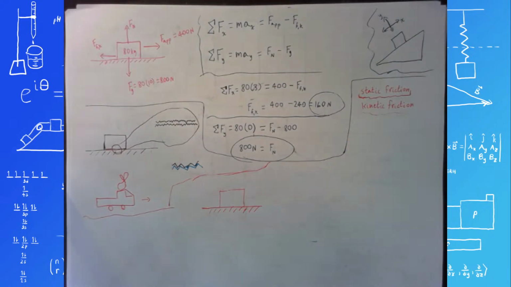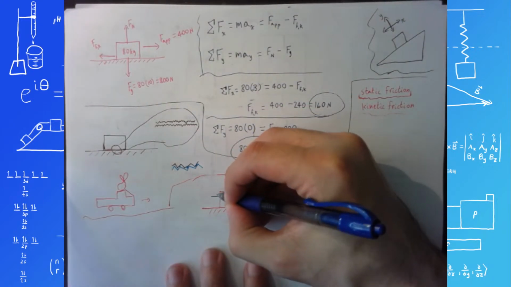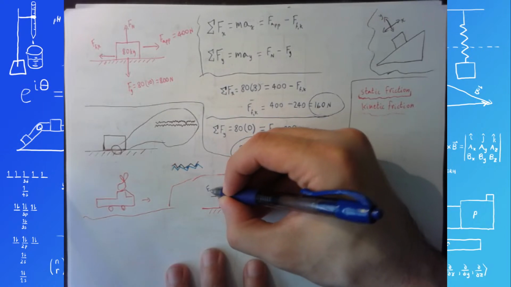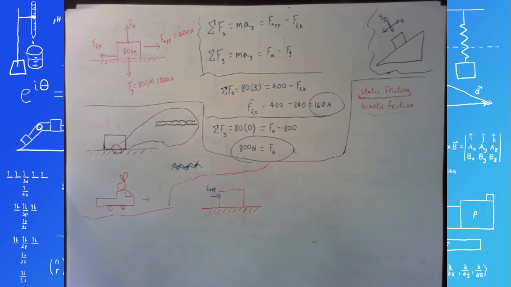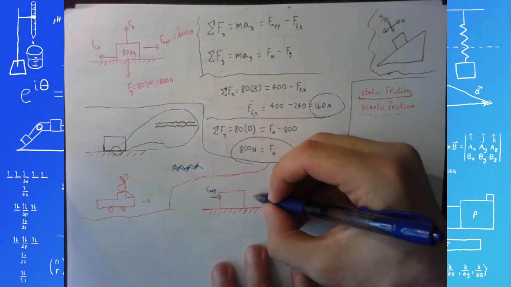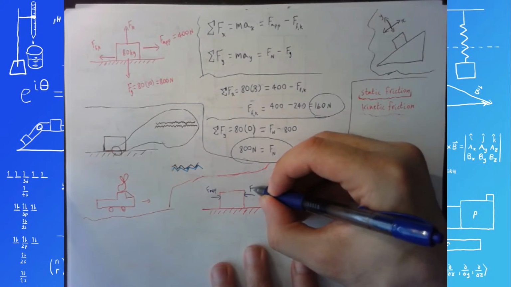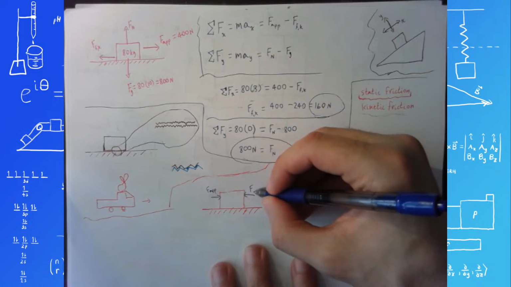So suppose I apply some sort of force on this object and I try to get it to move. You've had experience pushing furniture. What happens if you don't push strongly enough? If you don't push strongly enough, then no motion occurs. There's no acceleration, which means there must be some force over here canceling out your applied force.